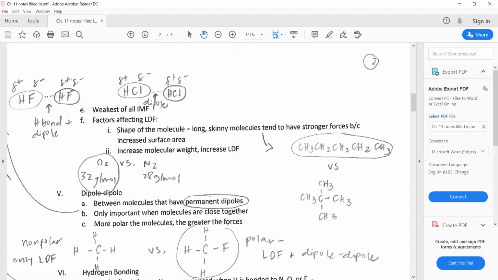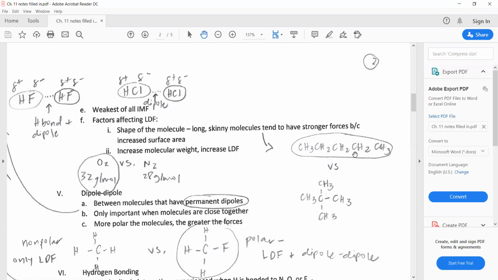The other thing you can look at, which is going to be more rare for us, is the shape of the molecule. If you had two molecules who were identical in the number of atoms, so C5H12 here, what you can see is they would add up the same molar mass, but their shapes are very different. The longer a molecule is, the longer and skinnier it is, the more sticky it can be with its neighboring molecule.